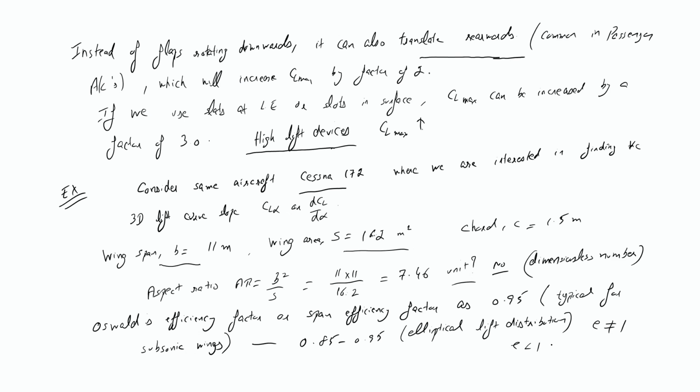If you want to know more about this elliptical lift distribution, search about the Spitfire aircraft. It was a fighter aircraft used during the World War. The wing was designed in an elliptical shape to encourage e equals 1 and less induced drag.